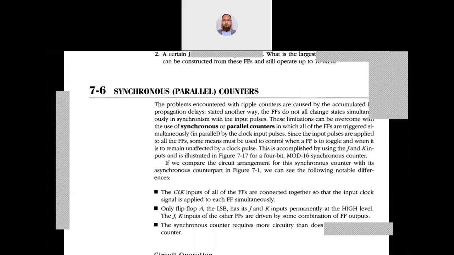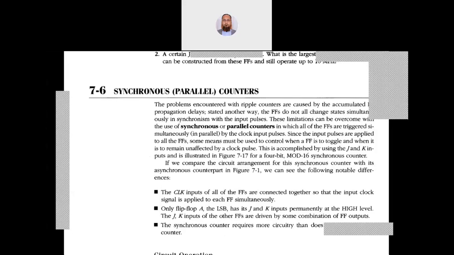Here the clock input is very important, and all the states of the flip-flops change with respect to the clock only. The state of a particular flip-flop will change only when the clock is there.